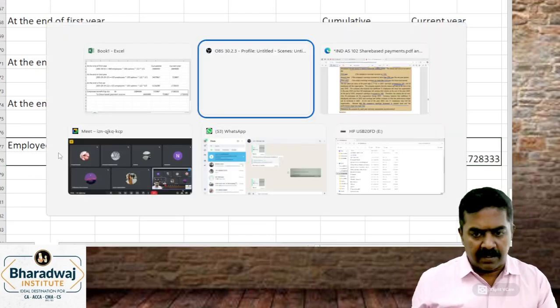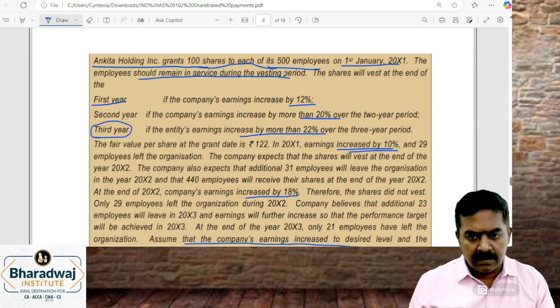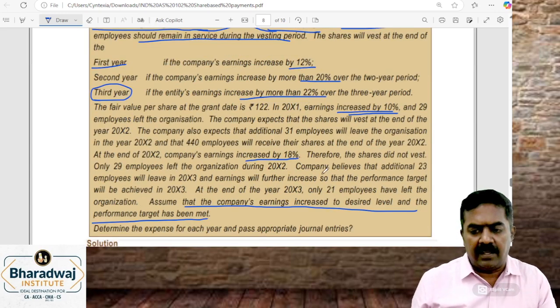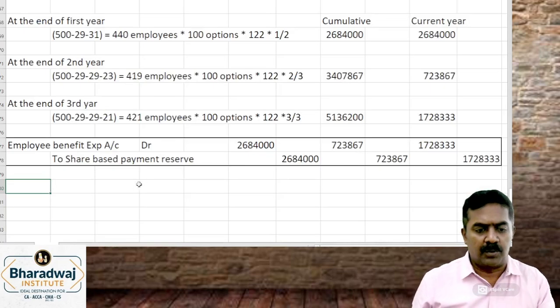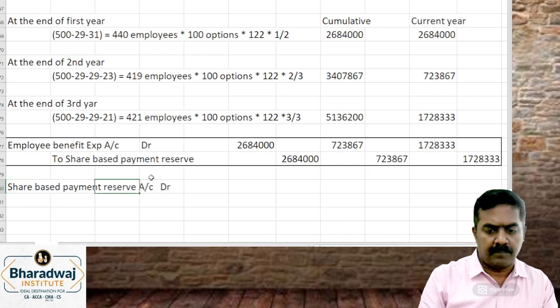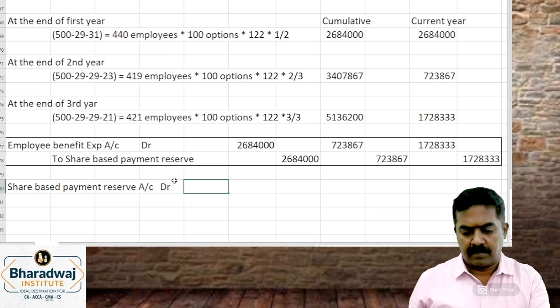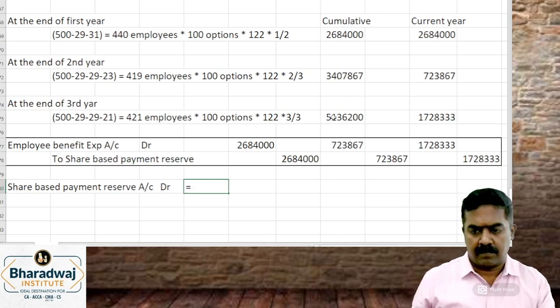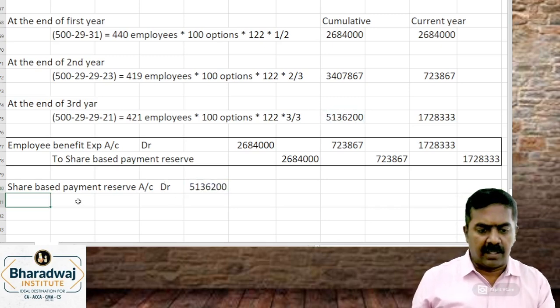Bank, did he pay? Are they paying any money for this? No. So what is the entry you will pass? Have the options lapsed?